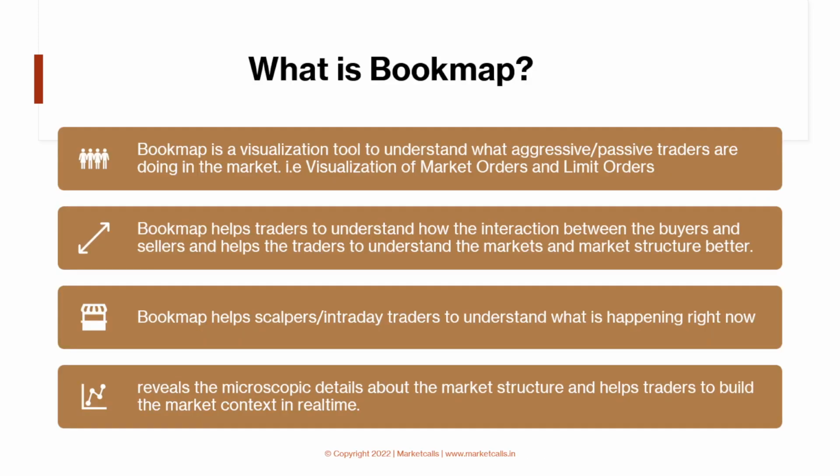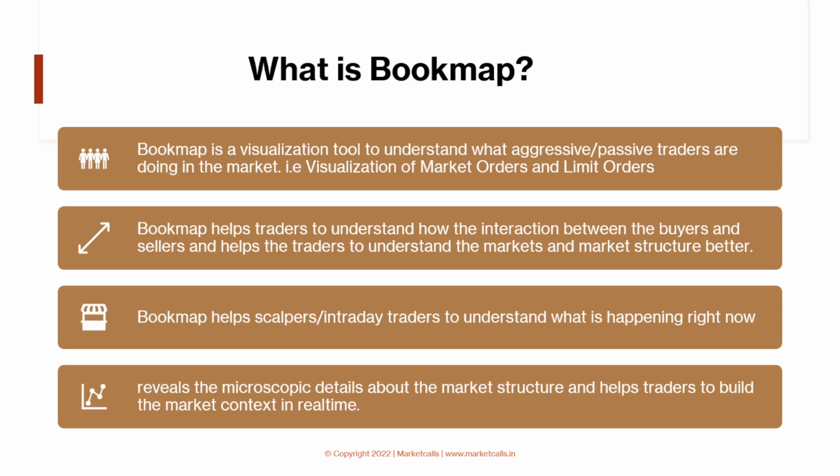So if you ask me what Bookmap is all about, Bookmap is a visualization tool to visualize volume activity which is happening right now in the markets. Generally, we can classify volume activity into two categories. One is aggressive activity, aggressive traders who send market orders, and then passive traders.